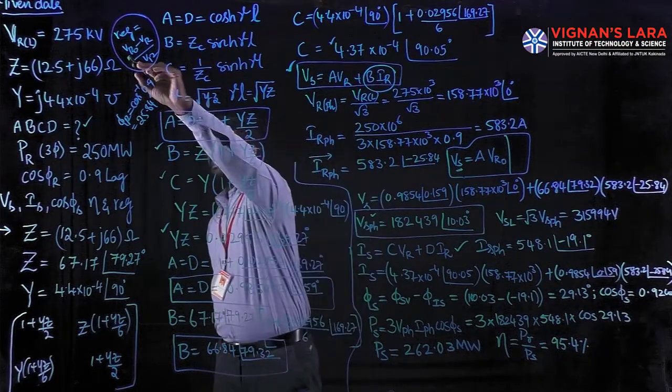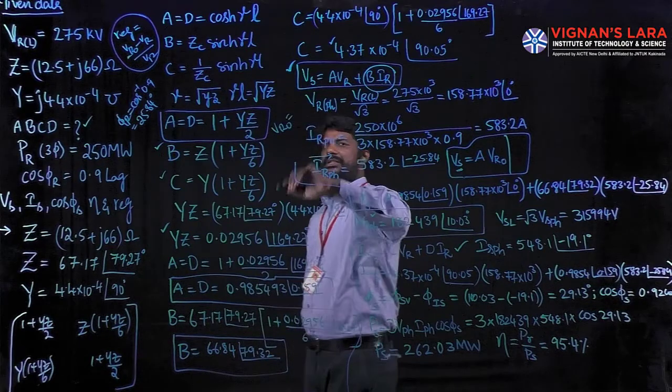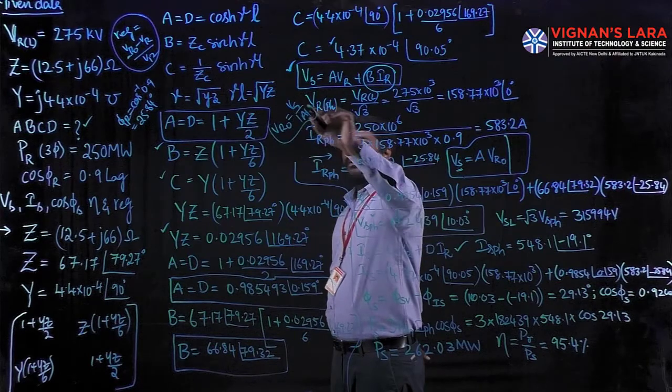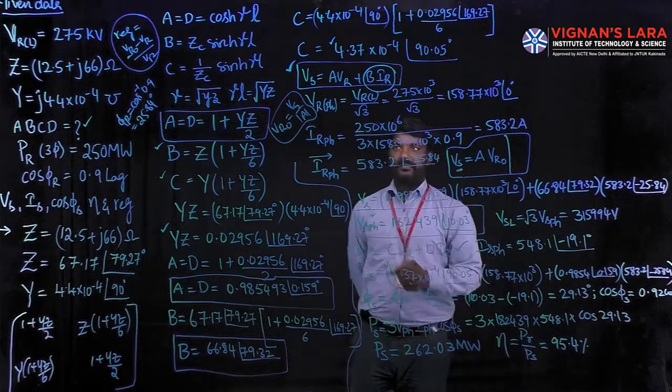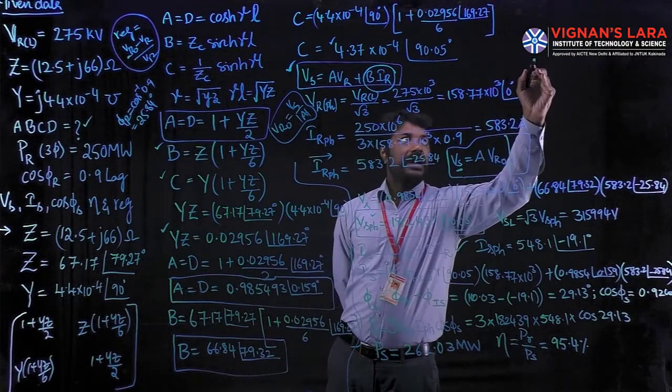So this is VR0. What we have to calculate? Its value is VR0 equal to Vs divided by A, which is very, very important. As simple as that. Let me calculate that VR0.